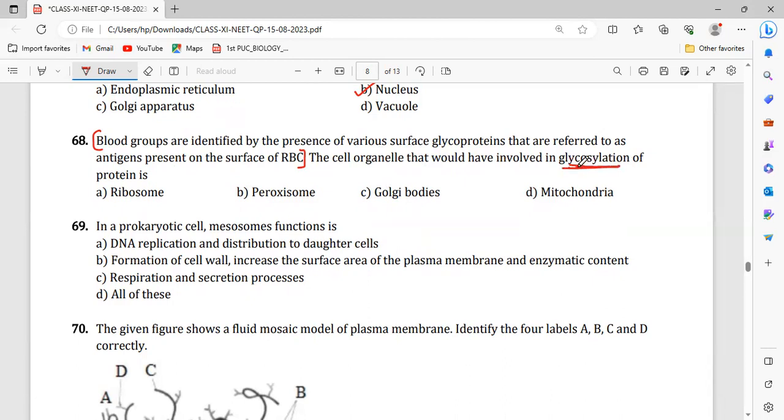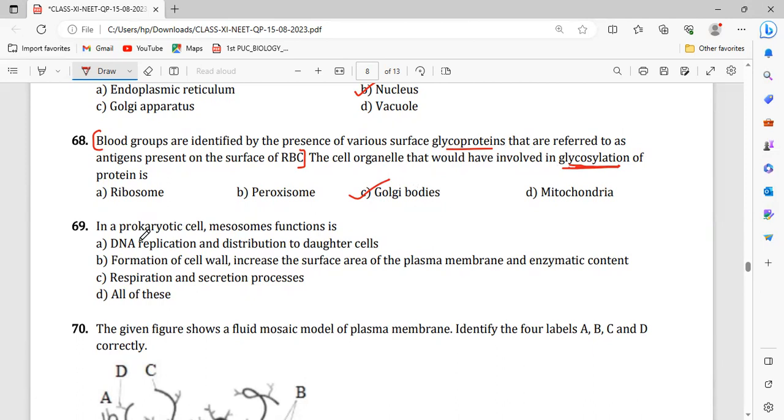So glycosylation is what? The formation of glycoproteins, right? So the cell organelle that will help for this is Golgi bodies. So don't get confused with the extra information given in the question.